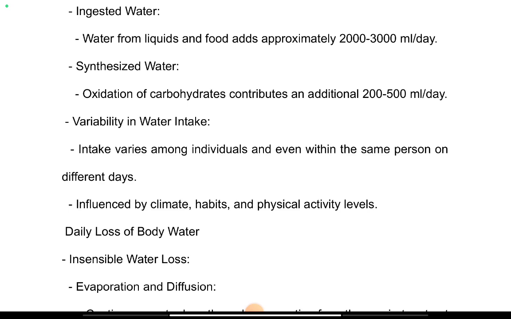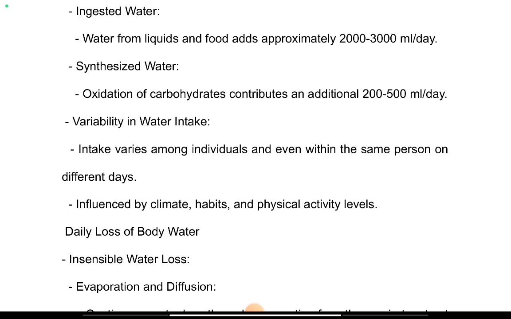So fluid intake for that person will increase because the person has sweat. So there's already more fluid loss. And I said in homeostasis, fluid loss equals to what? Input. So you just have to relate things together. Also climate: in hot climate, people will sweat. So those are the variations, and it occurs for different people.